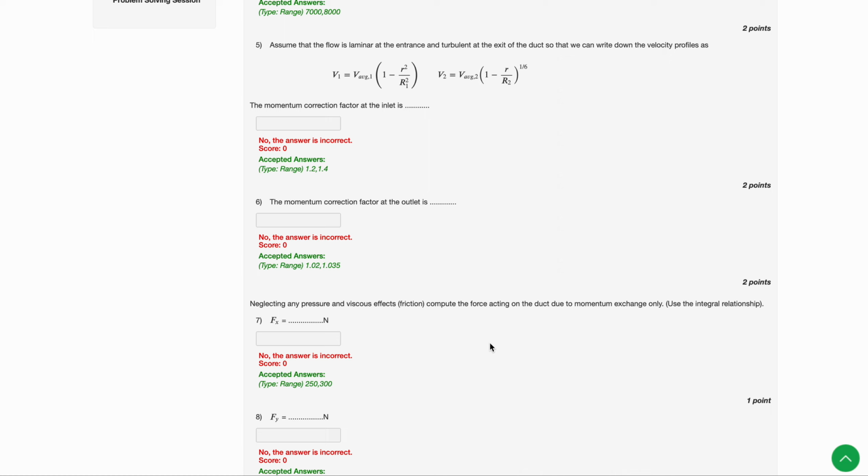Where A is the cross section through which the flow is taking place. That is the control surface.